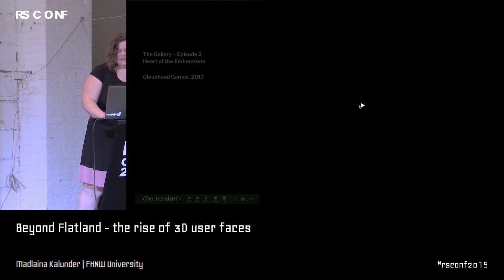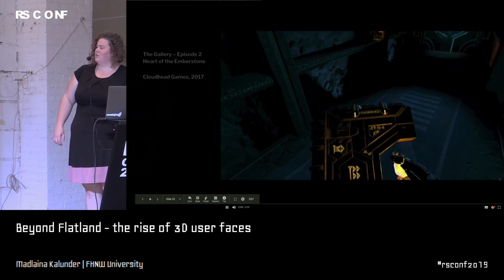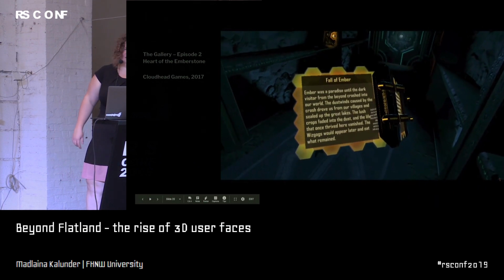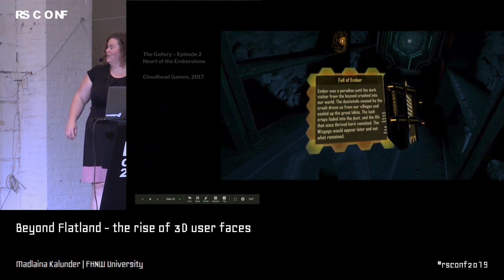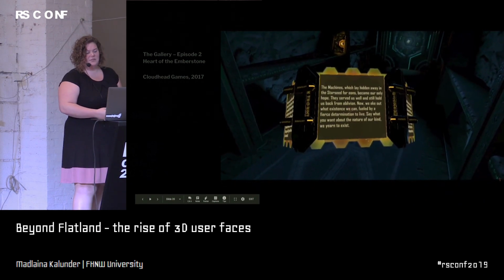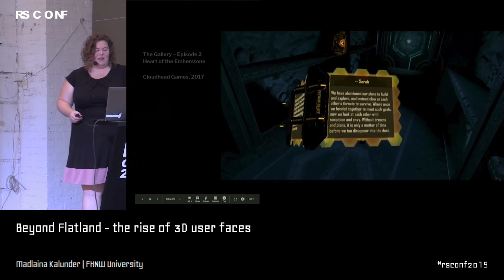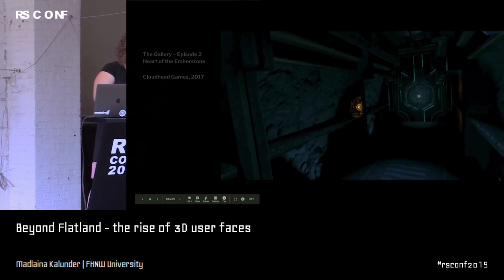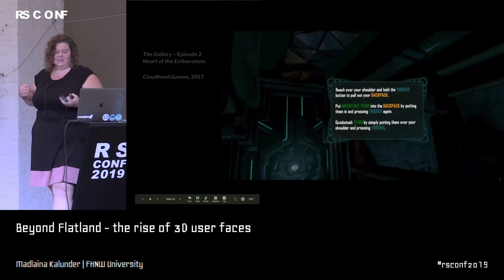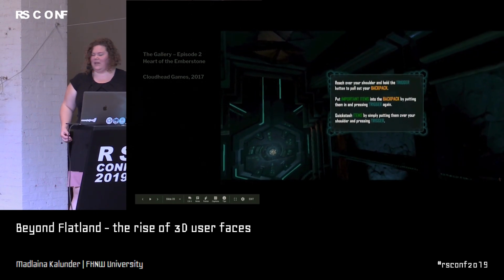I would like to give a short video on how this could look in a 2D game. In this game, The Gallery, Episode 2, Heart of the Emberstone, you have a lot of 3D user interfaces. Your whole backpack is modeled after a real backpack.